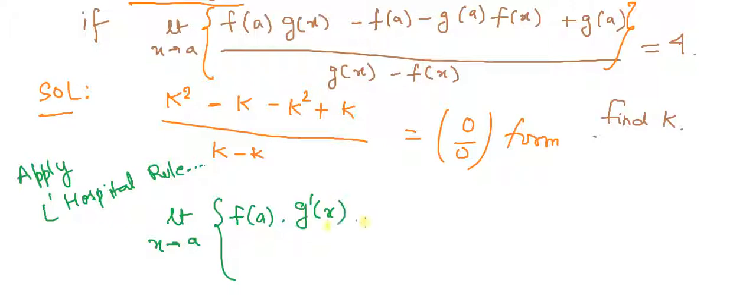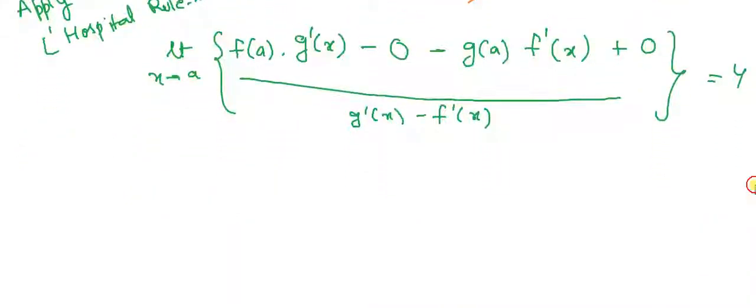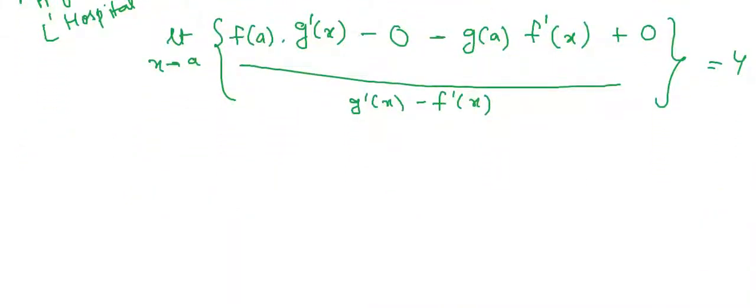You will reach this point: 0 minus g of a is again a constant, it won't be differentiated, and f dash of x plus g of a is again constant. And in the denominator, you will see g dash of x minus f dash of x, whole value equal to 4. So let's take it to another step.